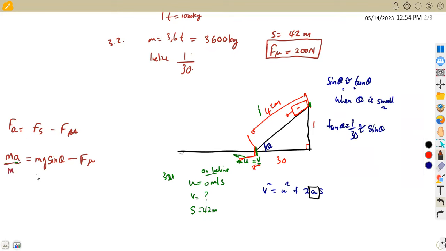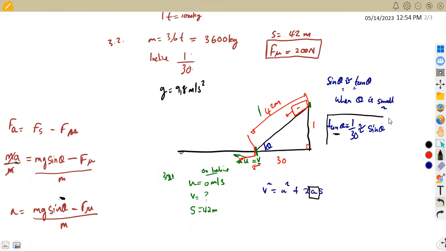So if we divide by mass both sides, we have our acceleration, which is going to be g sine of theta, minus the frictional force over the mass. Whereby g, the gravitational acceleration, remember, is equivalent to 9.8 meters per square second. And like I said, the sine of theta approximates to the tan of theta.